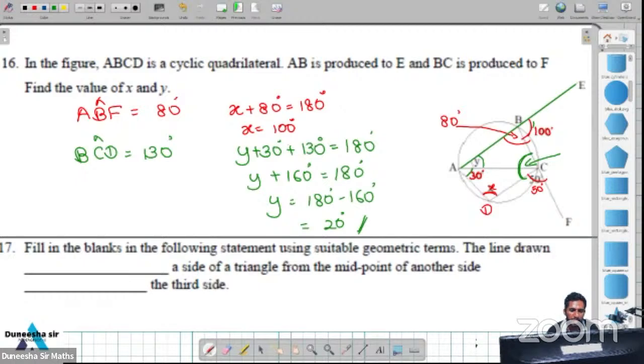Fill in the blank in the following statement using the geometric terms. Blank a side of a triangle from the midpoint of another side, blank the third side.